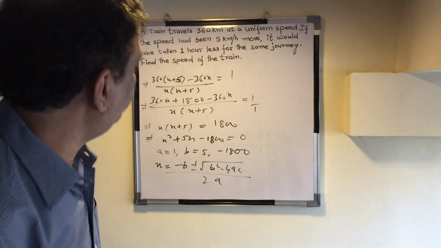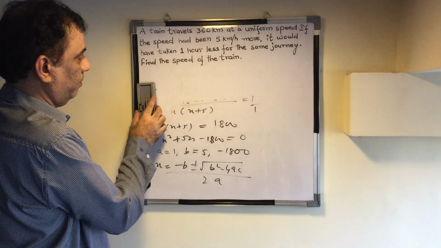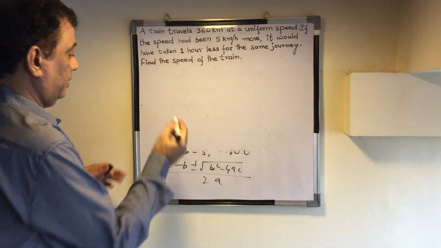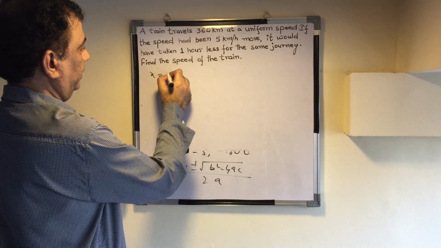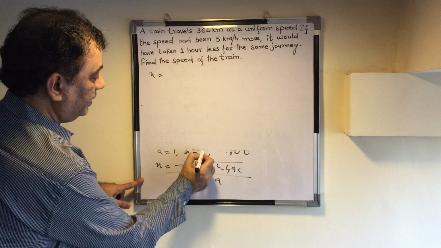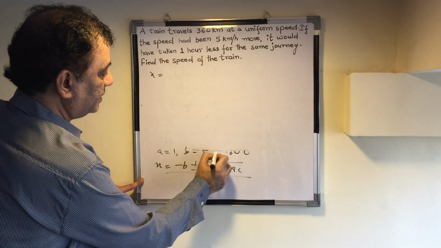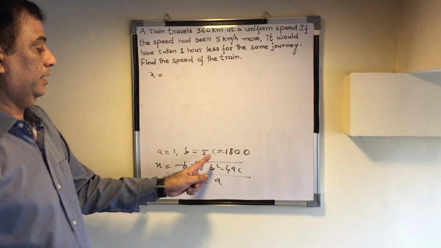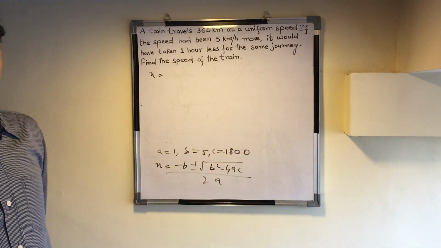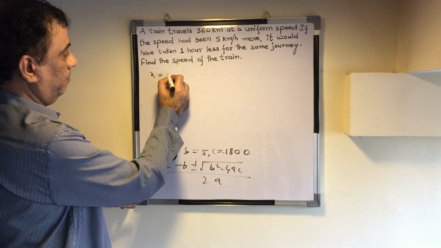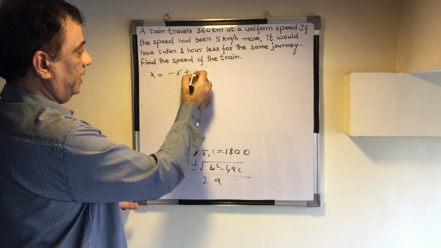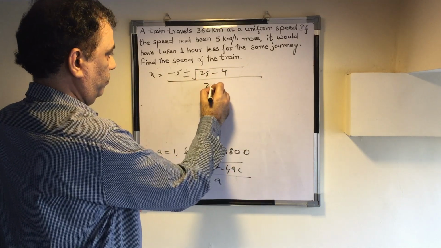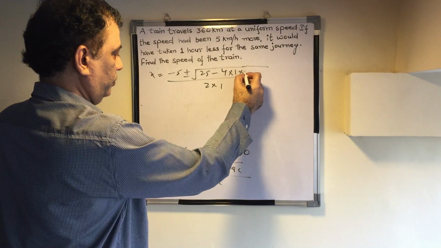Now we will simply substitute these values into the quadratic formula. x equals minus b. a is 1, b is 5, and c is minus 1800. Minus b, minus 5, plus minus root of b square, that is 25, minus 4 into a into c.